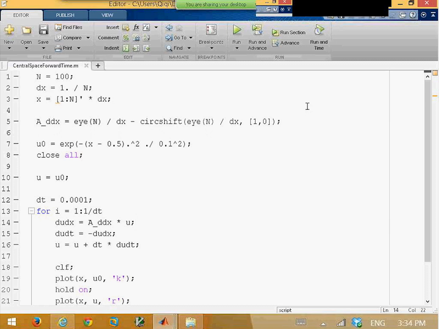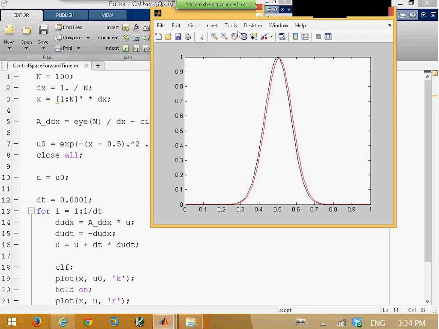Once I have the finite difference matrix, I don't need to do anything at each time step other than just applying the matrix just as if it is like a mathematical operator, right? I just think this matrix is my partial x. I apply it on top of u, I get partial u partial x. So this A serves like a mathematical operator. I'm going to run this.